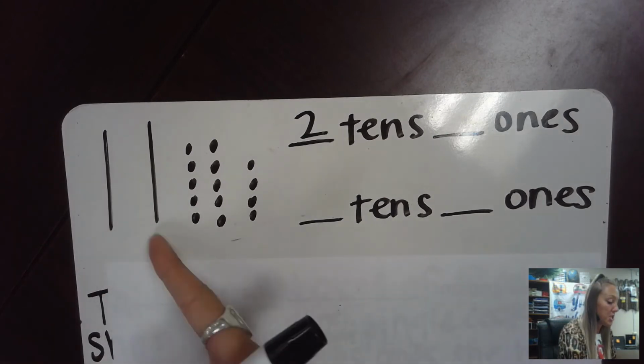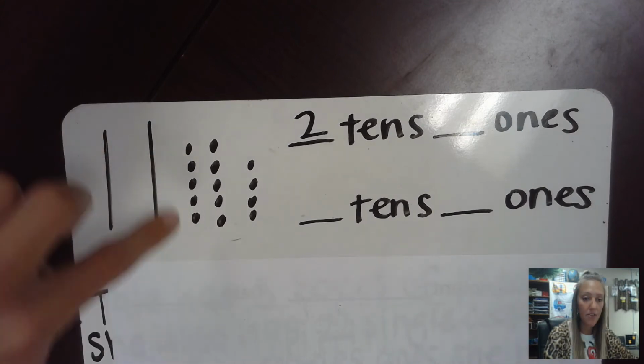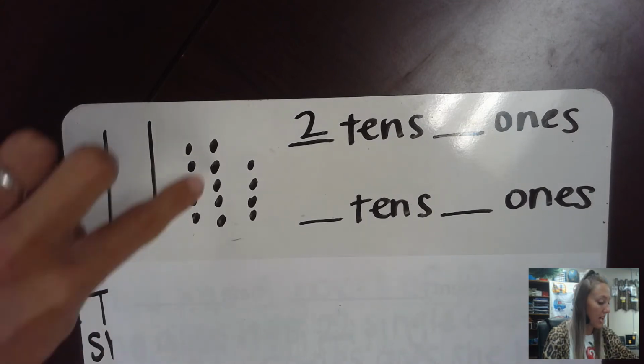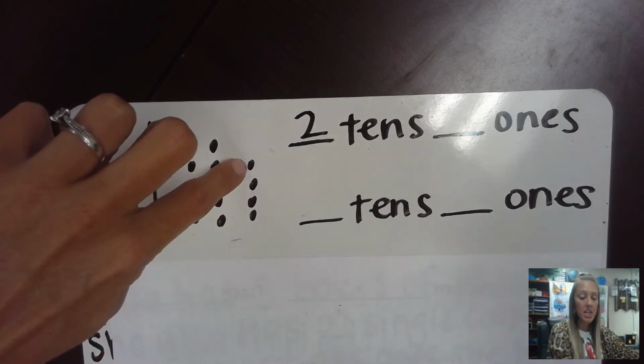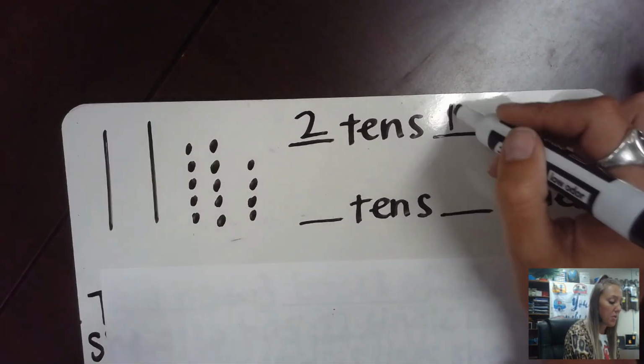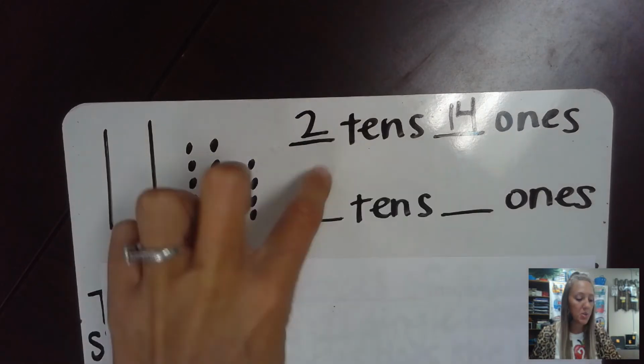We have 2 tens here, and then I'm going to count each one of these. Remember I said I like to do 5 in a row like this. So I've got 5, 10, 11, 12, 13, 14 ones. Well, this is not going to be a number like 214 or 2014, so we don't put these two numbers together.